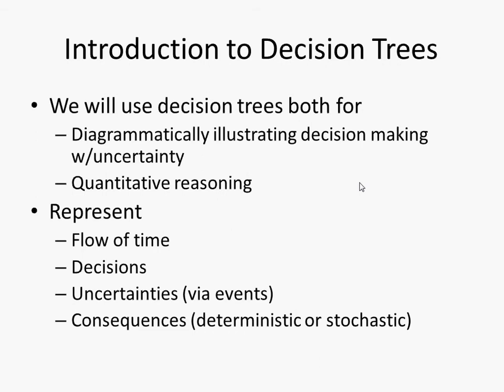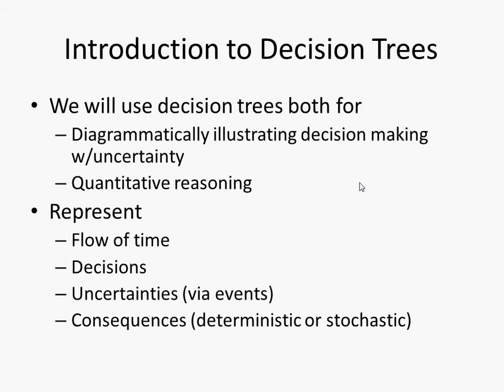So decision trees in this context can be used for two big purposes. One is for illustrating decision making in the context of uncertainty, mapping out the possible choice space, the policy space, as it were, and an uncertainty space associated with our problem, and they're very useful diagrammatically. The second thing is quantitative reasoning, helping us make better choices in light of the set of decisions and events we have over time.